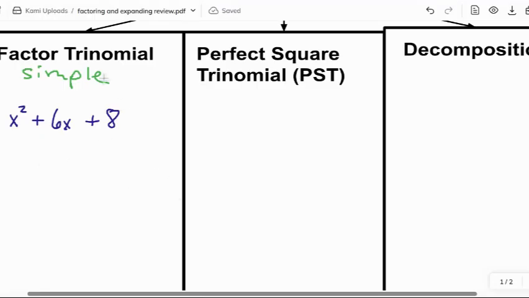So how do I know to use simple trinomial factoring? Well, a is 1. How do I do it? I draw a plus on the middle term, a times on the last term. I look for two numbers that add up to 6 and multiply to 8. You can still do your table. Did you write R and S?